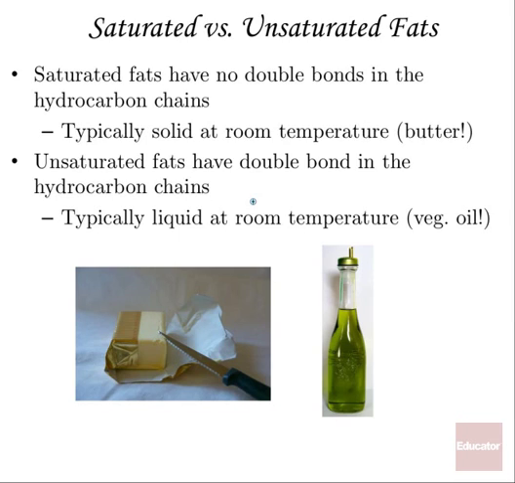If I lay a bunch of these on top of each other, it's hard to make them densely compacted. And that's why unsaturated fats tend to be liquid at room temperature, like this olive oil. Don't get me wrong, olive oil and vegetable oils can have a little bit of saturated fat in them, but nowhere near as much as butter. So you're going to see more unsaturated fats in oils from plants. So yeah, typically liquid at room temperature, like vegetable oils.